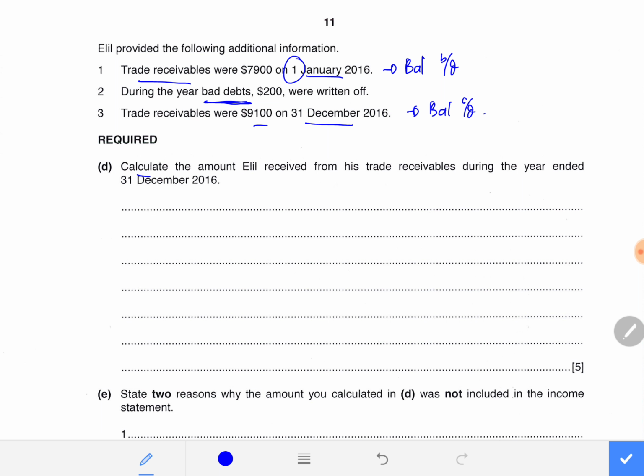You are required to calculate the amount Elil received from his trade receivables during the year ended 31st of December 2016. The keyword for this is amount Elil received. We want to find bank information from SLCA.